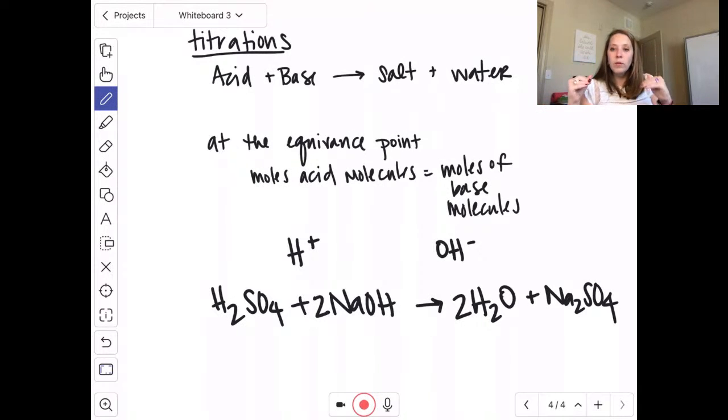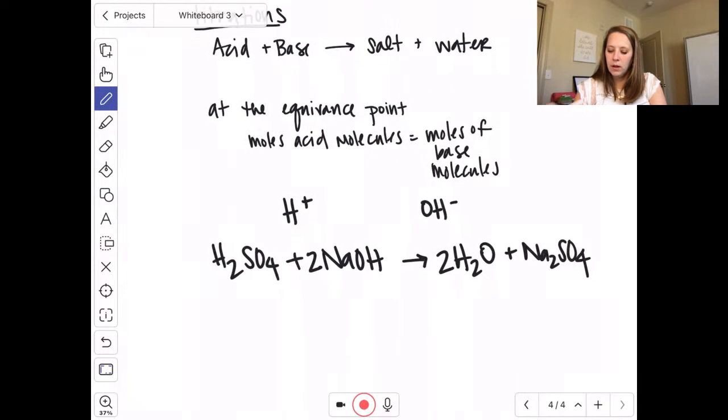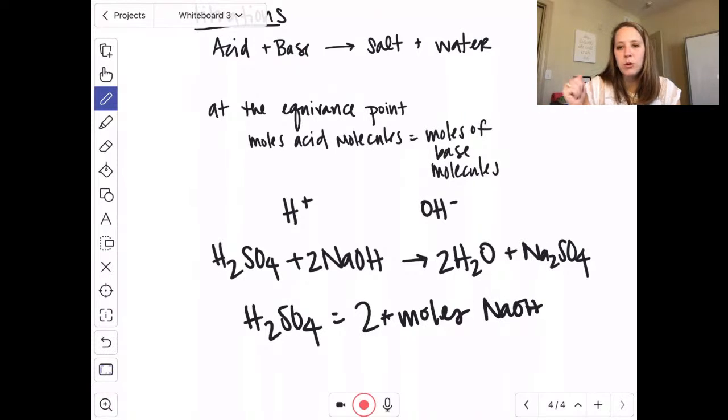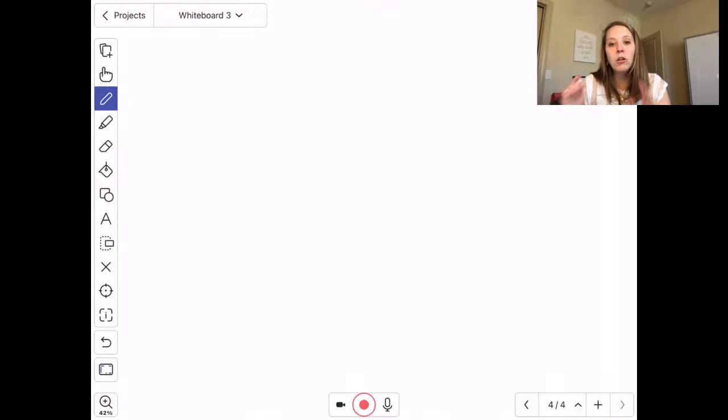So at the equivalence point, the moles of H2SO4 equals 2 times the number of moles of NaOH. Basically the stoichiometric coefficient. So it's not necessarily a mole to mole. We have to take into account stoichiometry. But in a titration, we can look at that in this way.